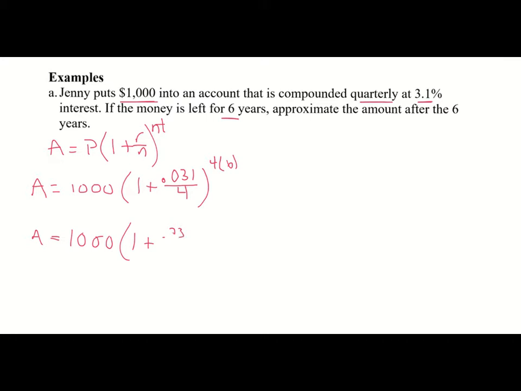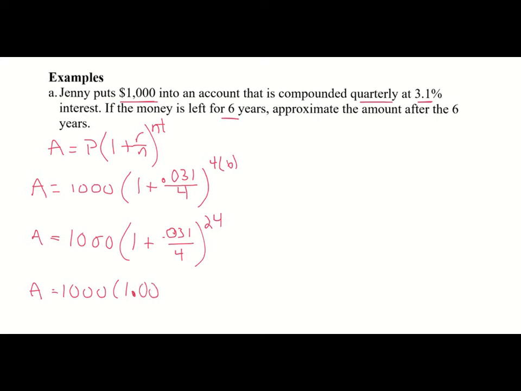So the first thing I always do when I'm doing this is I calculate it in steps. I don't put it all into the calculator at once. I am going to start off by figuring out what my exponent is. So 4 times 6 I know is 24. Now I need to do parentheses first, so I am going to do 0.031 divided by 4, division first, plus 1.